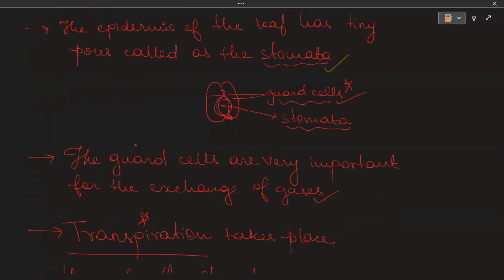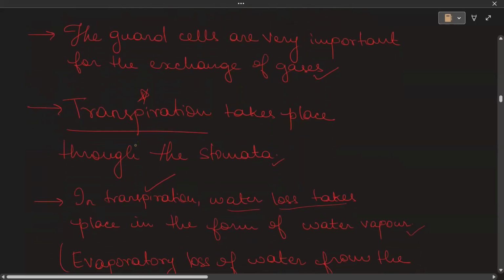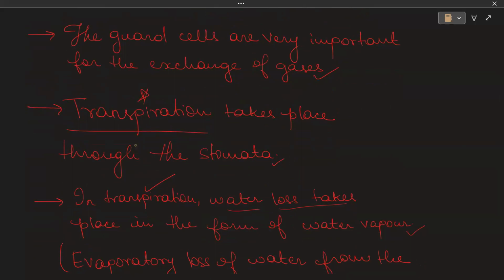Now, what is the function of these guard cells? They are very important for the exchange of gases. And apart from the exchange of gases, there is a process known as transpiration, which takes place through the stomata only.